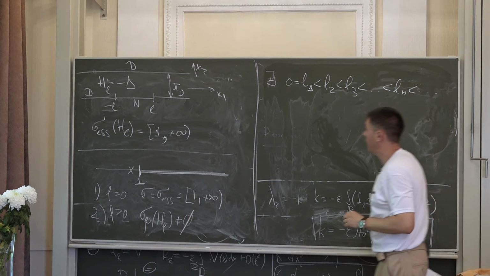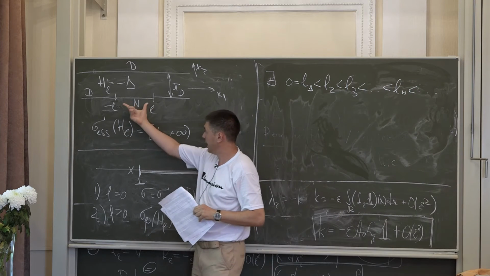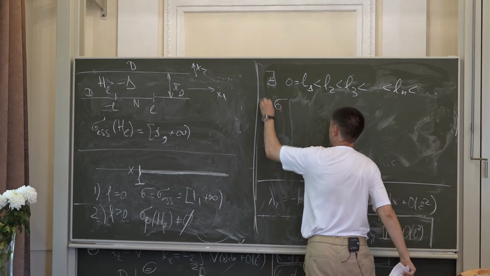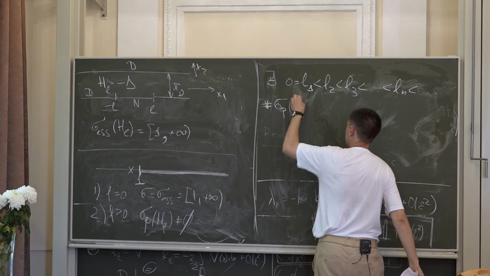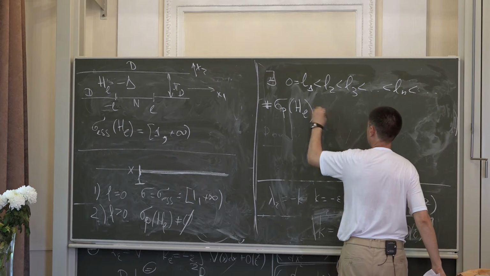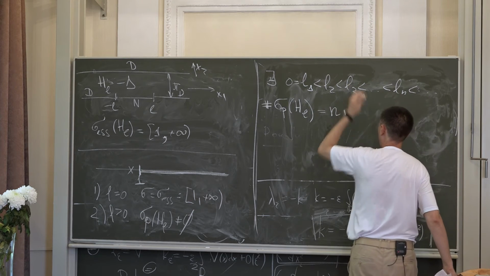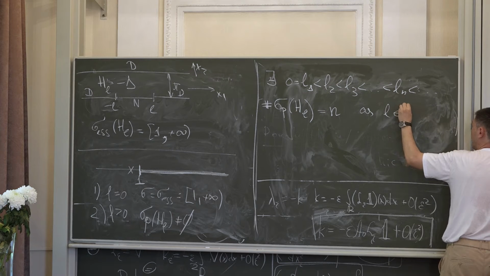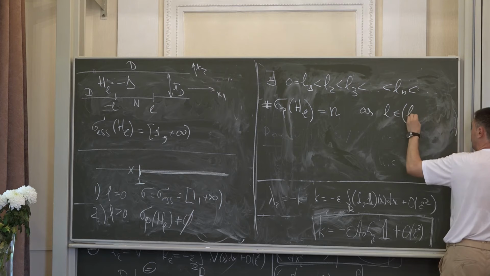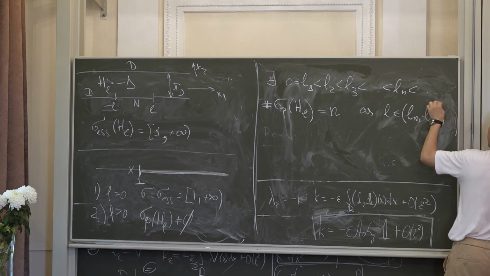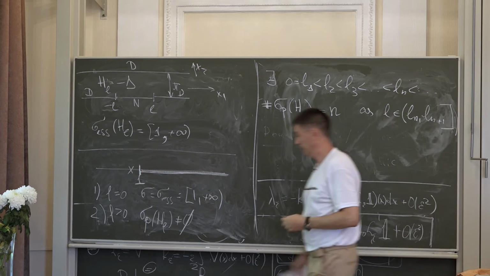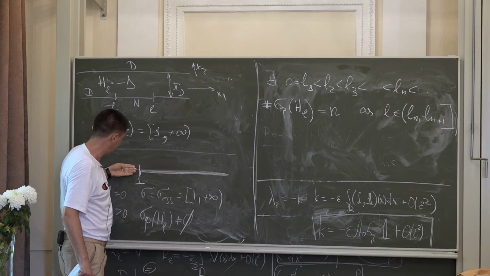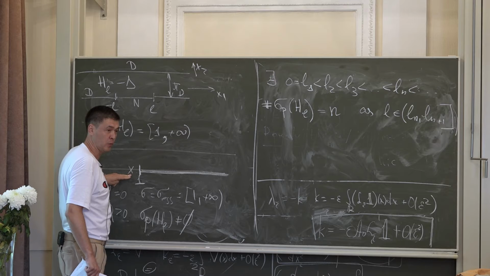These are critical values of the size of this Neumann window, such that the number of eigenvalues in the point spectrum equals exactly n, as L ranges from Ln up to Ln plus 1. So when L is 0, we have no eigenvalues. When L is positive and small, we have just one eigenvalue.